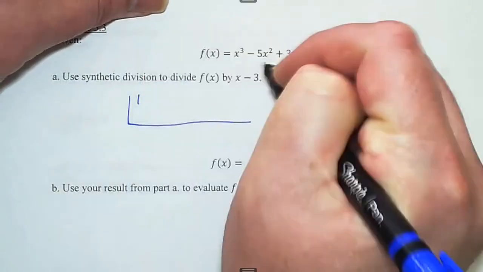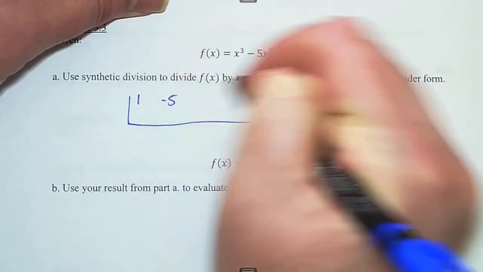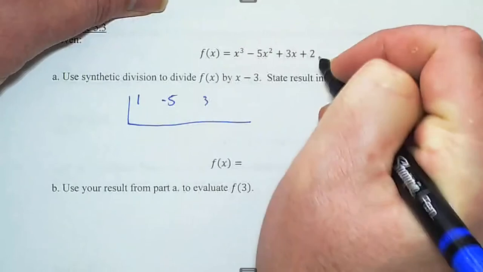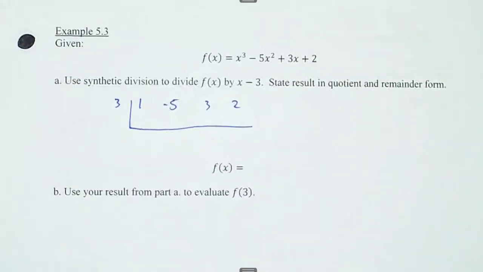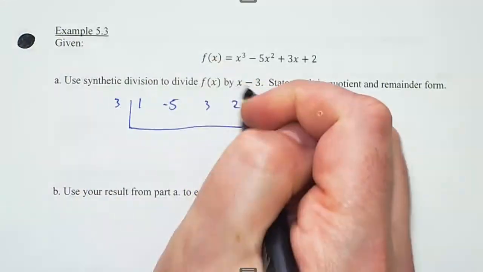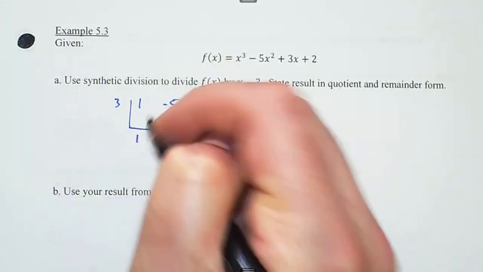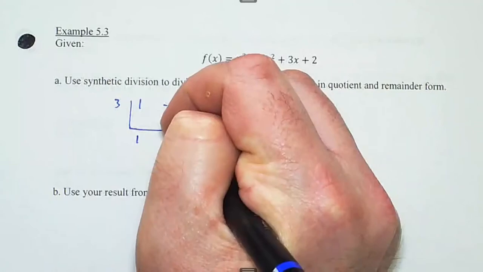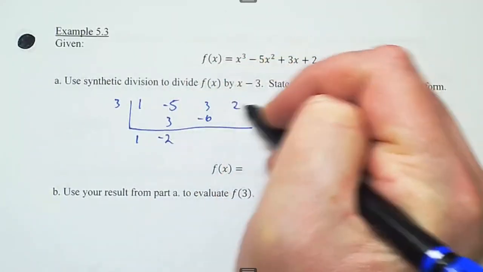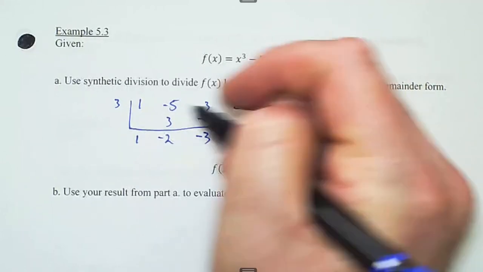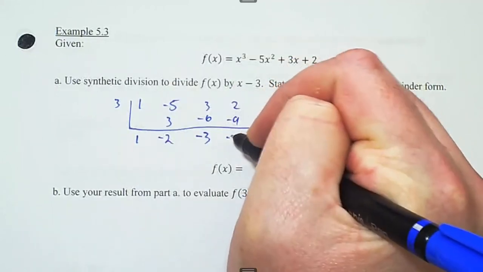So synthetic division, I need the coefficients, and we put the opposite of that x minus a. Put the 3 instead of the minus 3. All right, bring this straight down as a 1. 3 times 1 is 3, and that's a negative 2. Negative 6, that makes that a negative 3, and then that's a negative 9, so it's a negative 7.